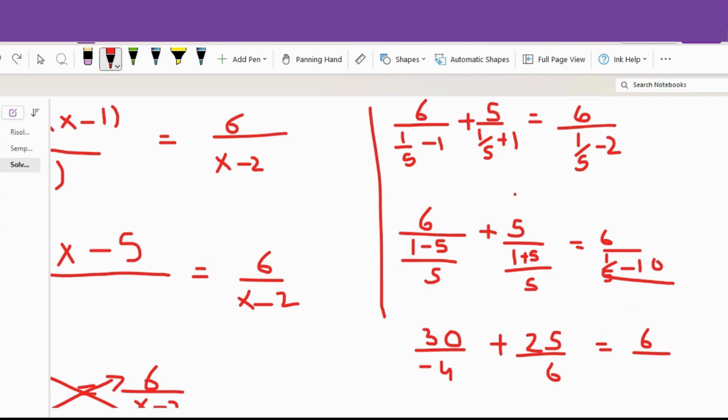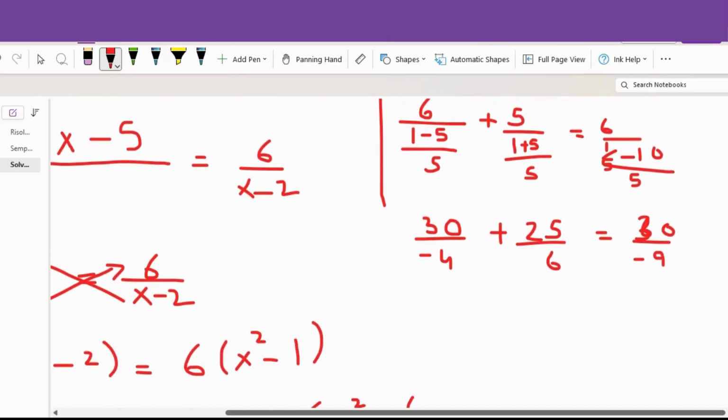So this would be 13 instead, and this would be minus 9, right? So again, we can simplify it also.